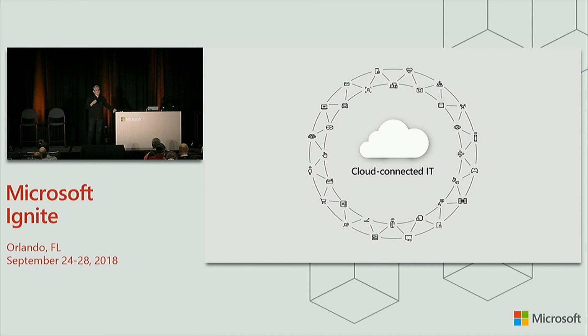Now, many of you tend to think of cloud-connected IT as your servers or your services or some major app that you're deciding to push up into the cloud. We also encourage you to think about the fact that the cloud can play a significant role in managing and running what we refer to as modern desktops.